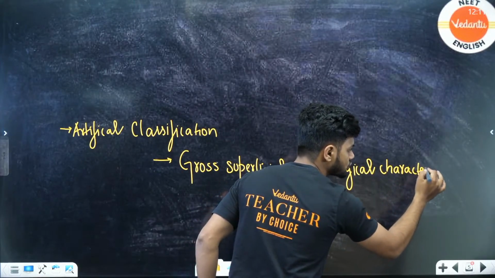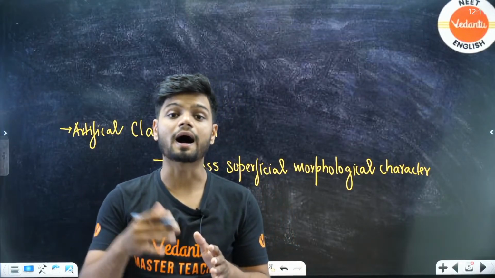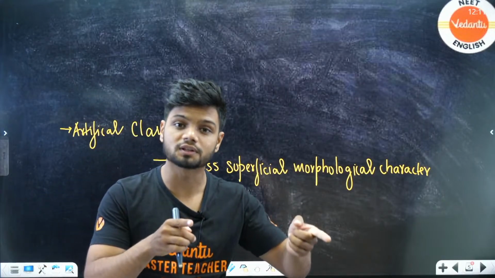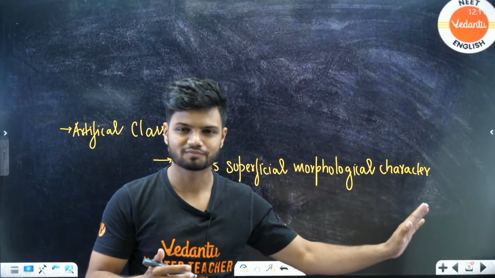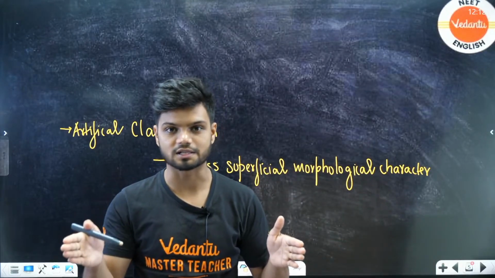Gross, superficial, morphological characteristics. This type of artificial classification was actually after the herbs, shrubs and trees classification.